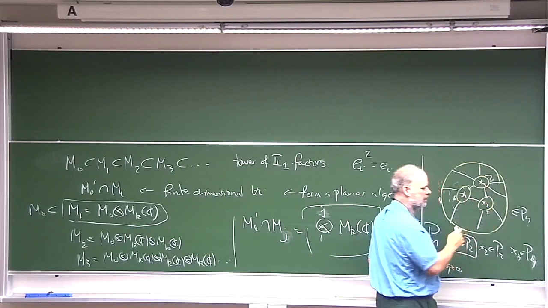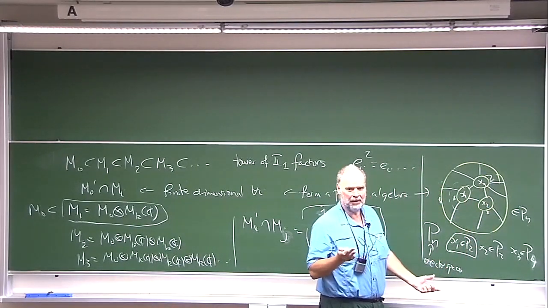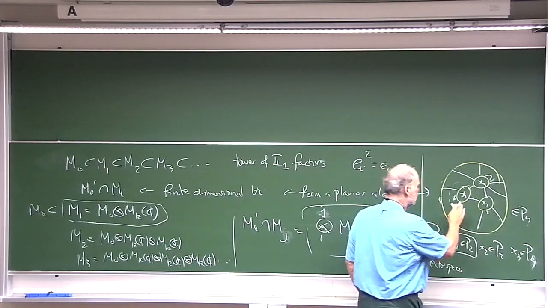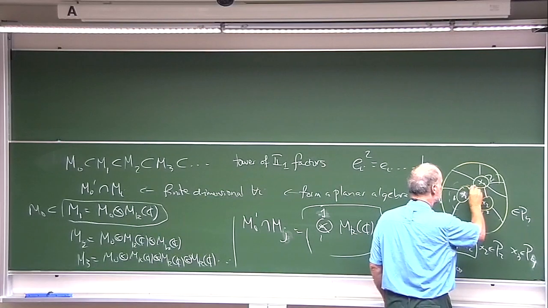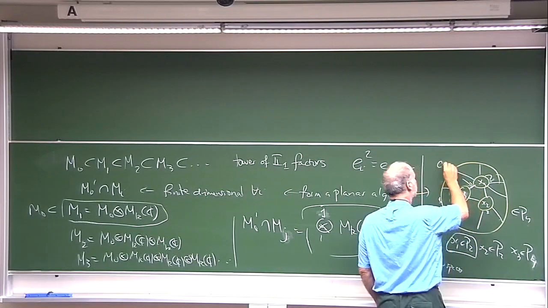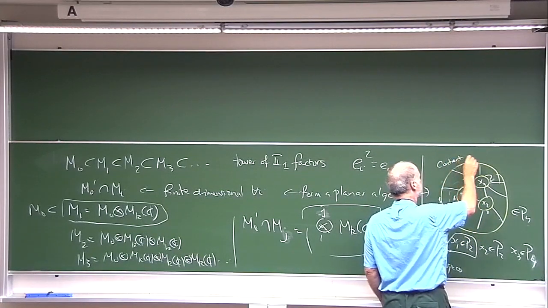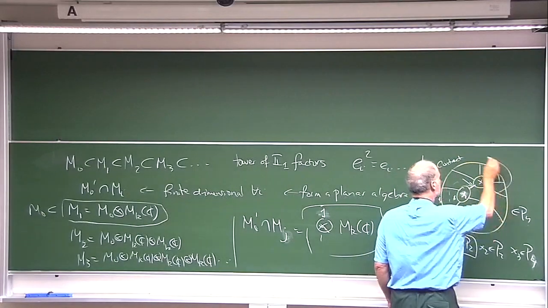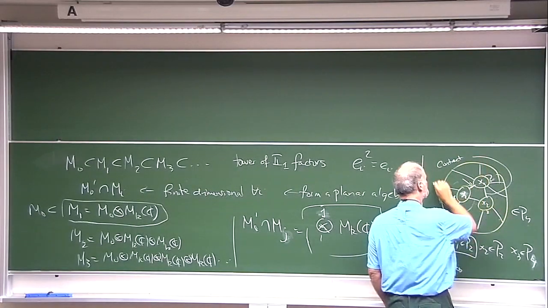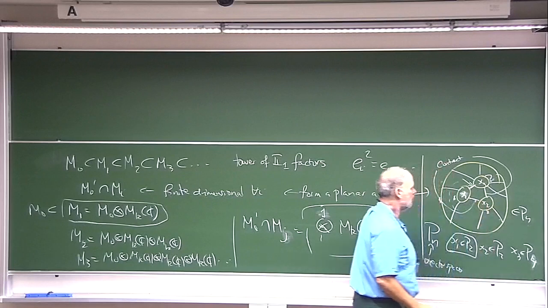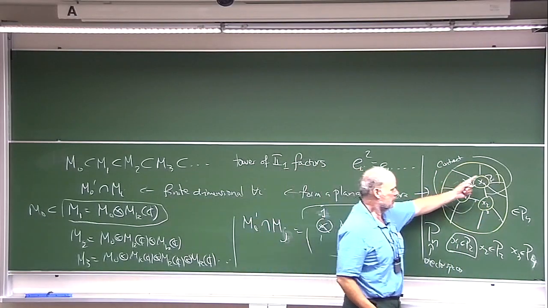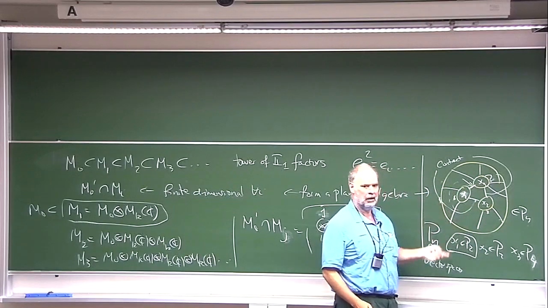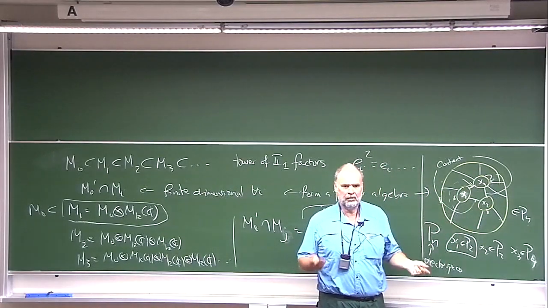Well, there's a completely obvious way to do that, and that is you simply contract along these things here. So you contract the tensor along this one and this one and this one. And the number of indices left is correct around the boundary. So this is just simple contraction of tensors.